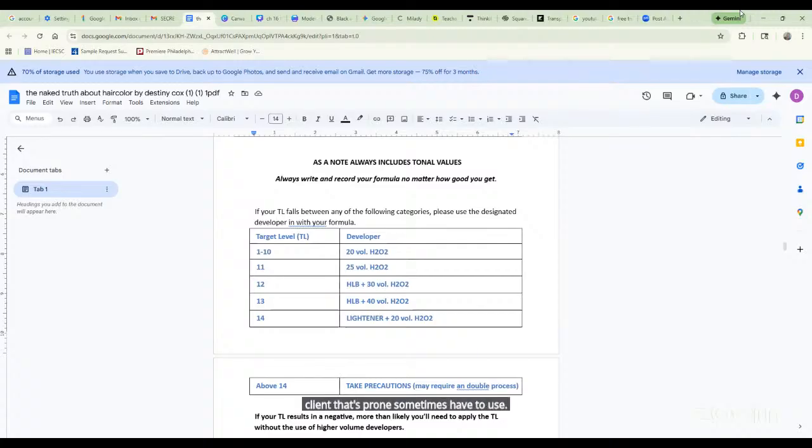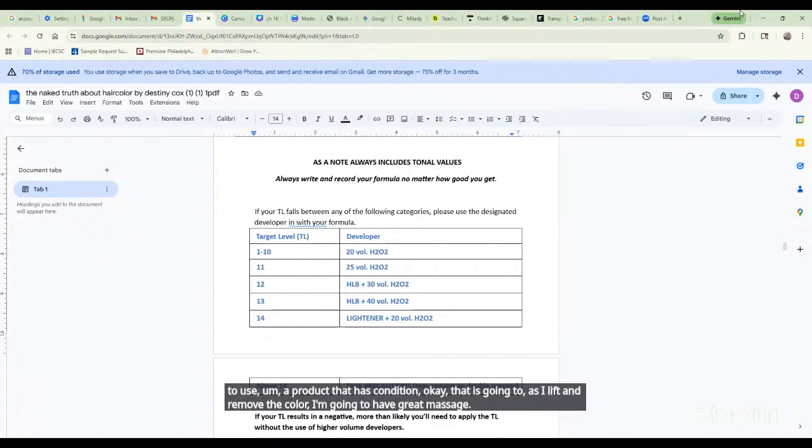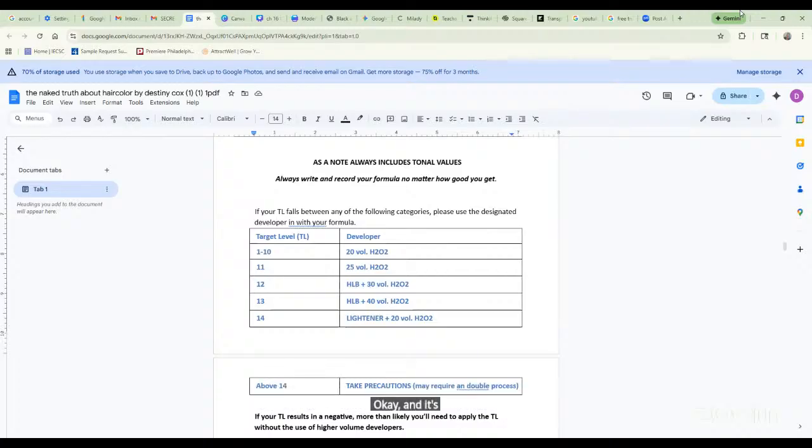I'm going to use a product that has conditioning, okay, that as I lift and remove the color, it's going to leave some conditioning in the hair. Okay, and it's not going to do it at a harsh rate. It's going to do it at just a consistent removal rate.